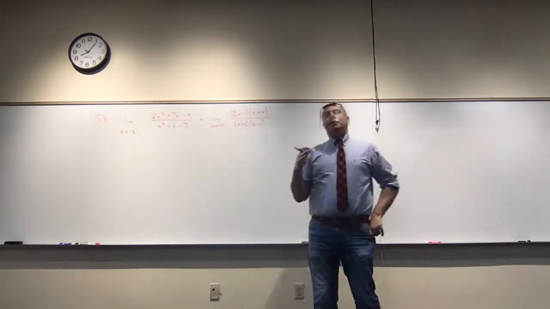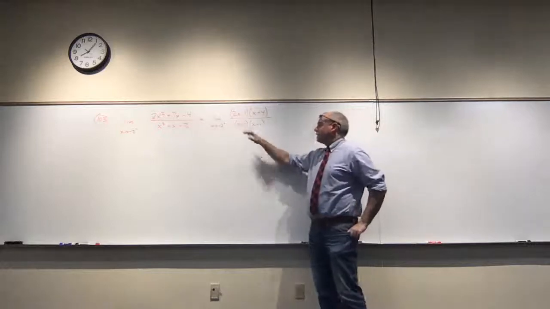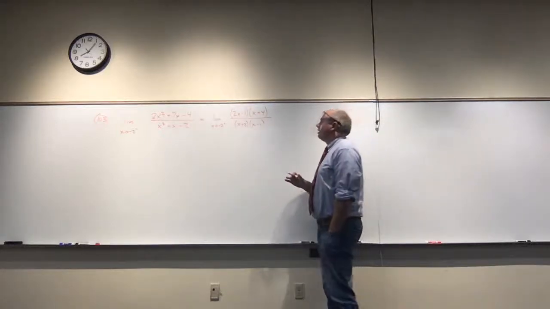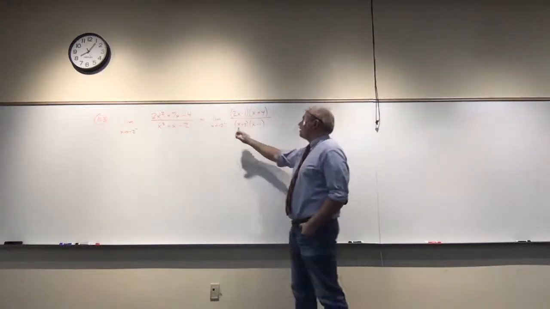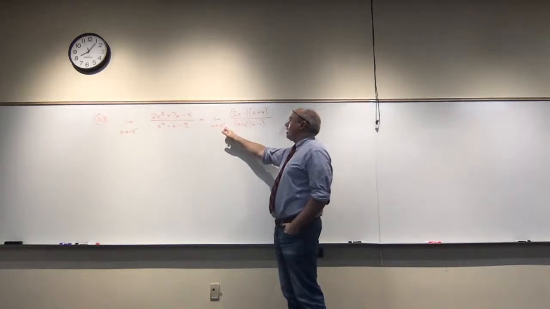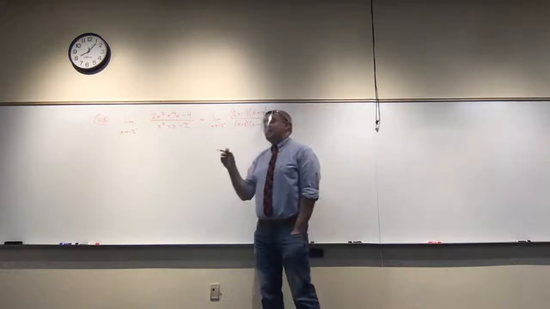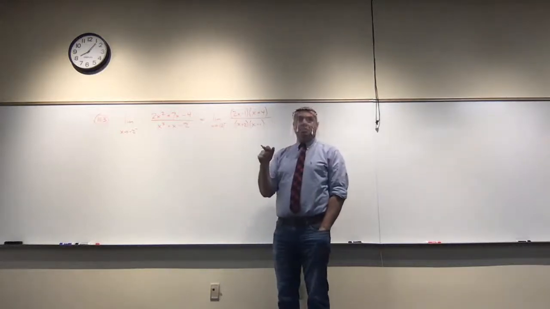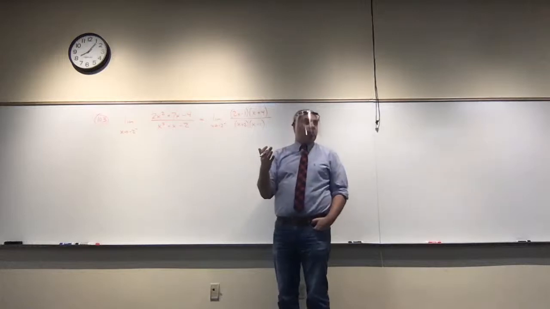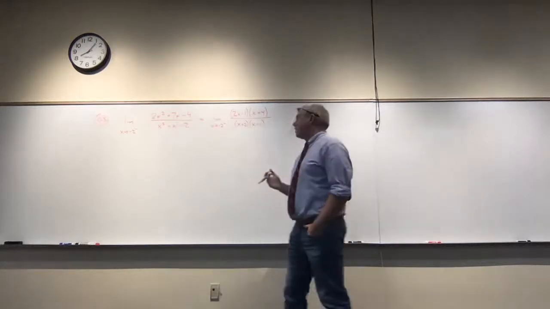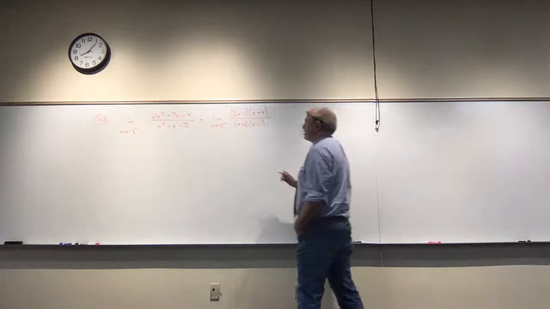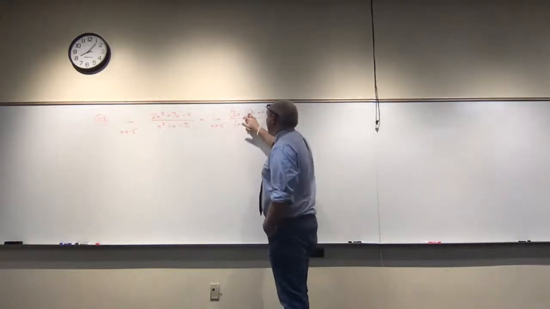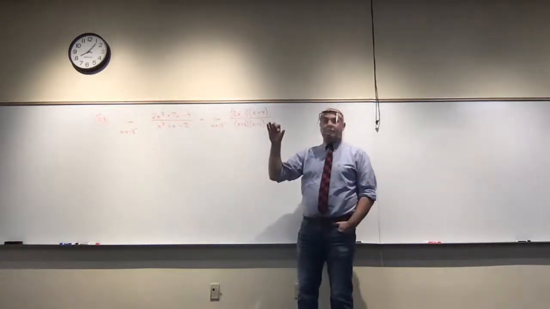Okay, and so like I said, we'll get to talk about this a little bit more in later sections. But what's going to happen is you're saying, okay, we're coming in from the left. And the left means I'm taking something slightly smaller than -2, right? So like -2.1, something like that. So if I plug in something slightly smaller than -2, I already know this isn't a hole in the graph.